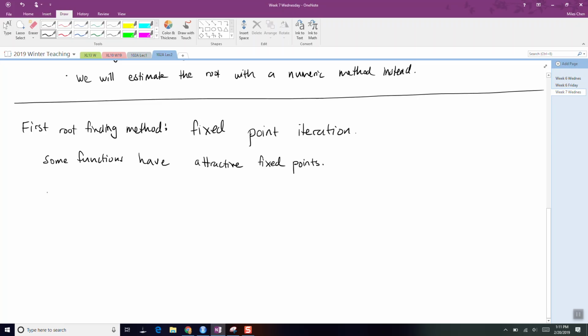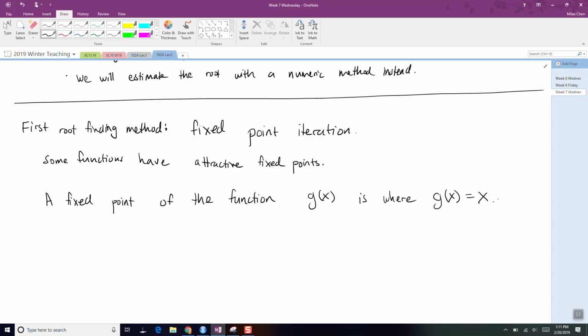So if I've got some function g, a fixed point of the function g of x is where g of x equals x. So when you plug the value into the function, it spits back the same value. Okay, that's a fixed point. So it's basically where g of x crosses the line y equals x.